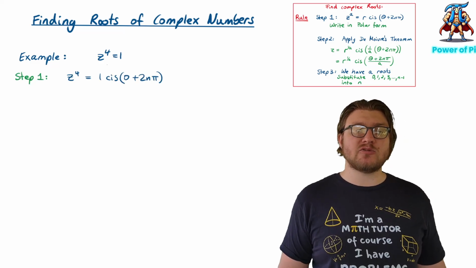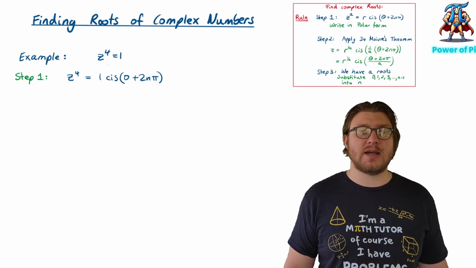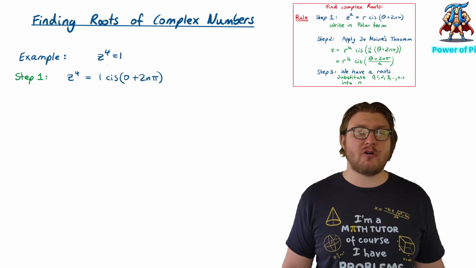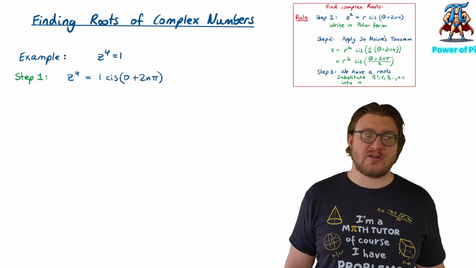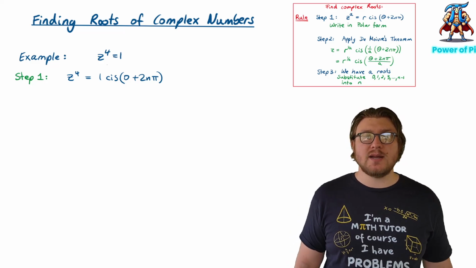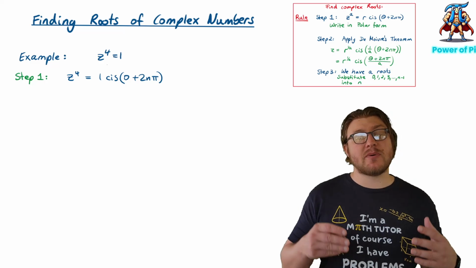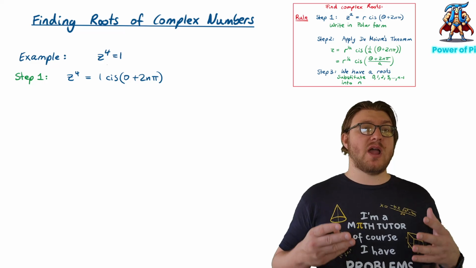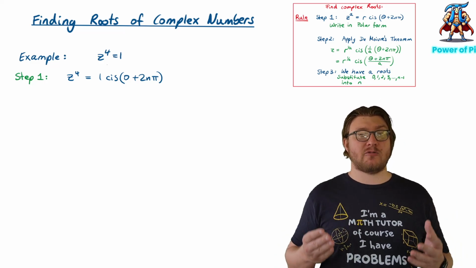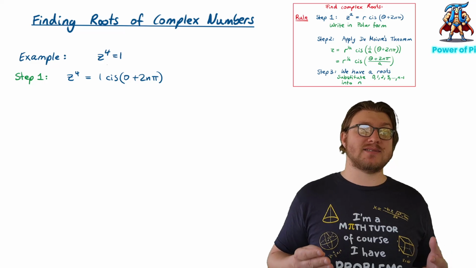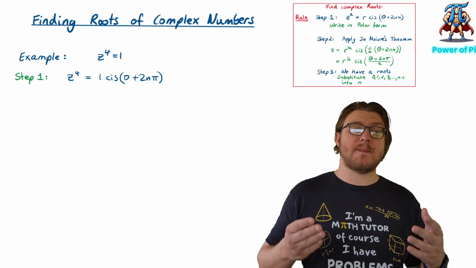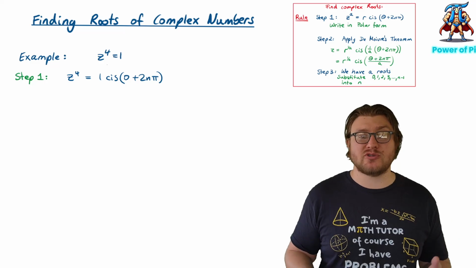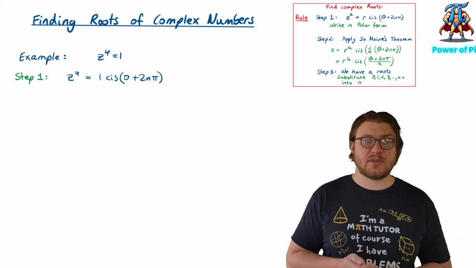Step 1 says we need to write z to some power is equal to polar form with a general argument. So 1 is a real number. So remember, this is the special form. And at this point, I need you to have learned that a real number has angle 0 if it's positive, and plus or minus pi you can choose if it's negative.